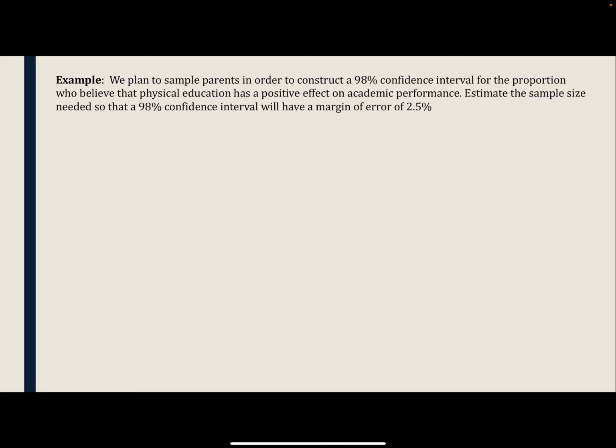We have the same confidence level and the same margin of error as before, but unlike the previous example, we have no former p hat. We have no older sample proportion that would give us any idea of what to use for p hat. So remember, if we don't know what to use for p hat, we use 0.5.